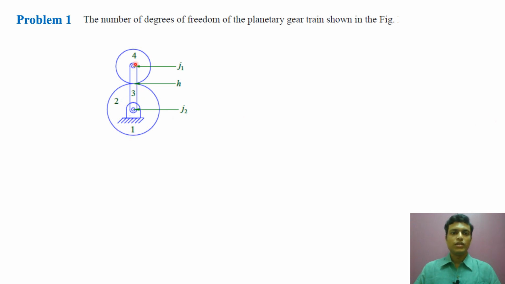And how many lower pairs? J1 is a simple revolute pair. H is the higher pair between 2 and 4 and J2 connects links 1, 2 and 3. So this is a second order pair.